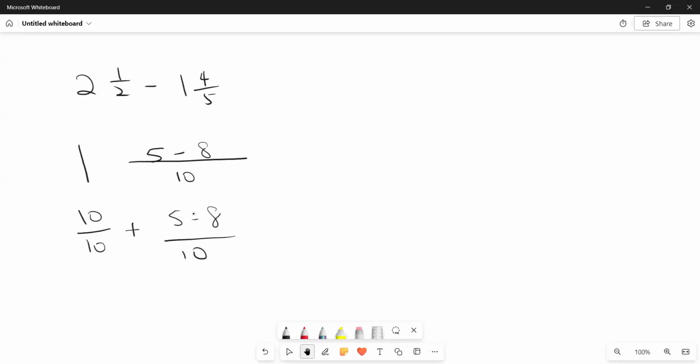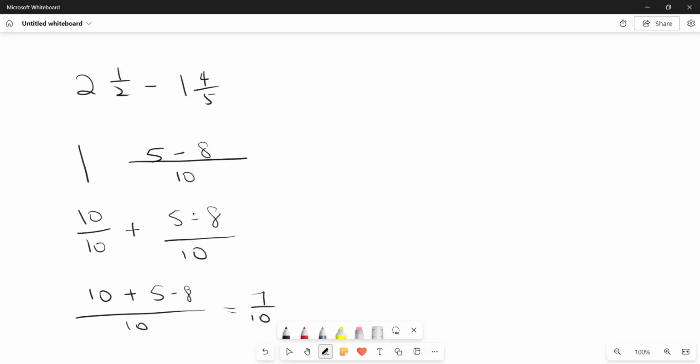And because the denominators are the same, you can write 10 plus 5 minus 8 over 10, that can work. And you will get 15 minus 8, you'll get 7 over 10.